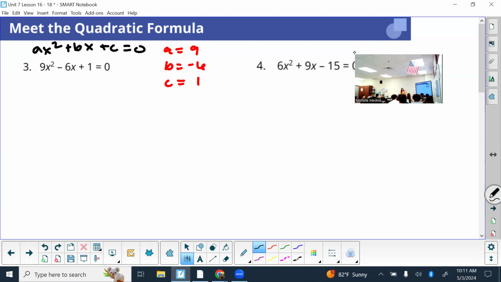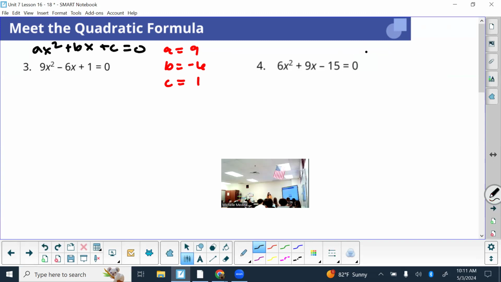I'm gonna write my formula over here again, in case for some reason you still don't have it on your papers. But it's -b plus or minus square root of b squared minus 4ac over 2a. Anywhere that you're plugging in a number, you have to use parentheses.